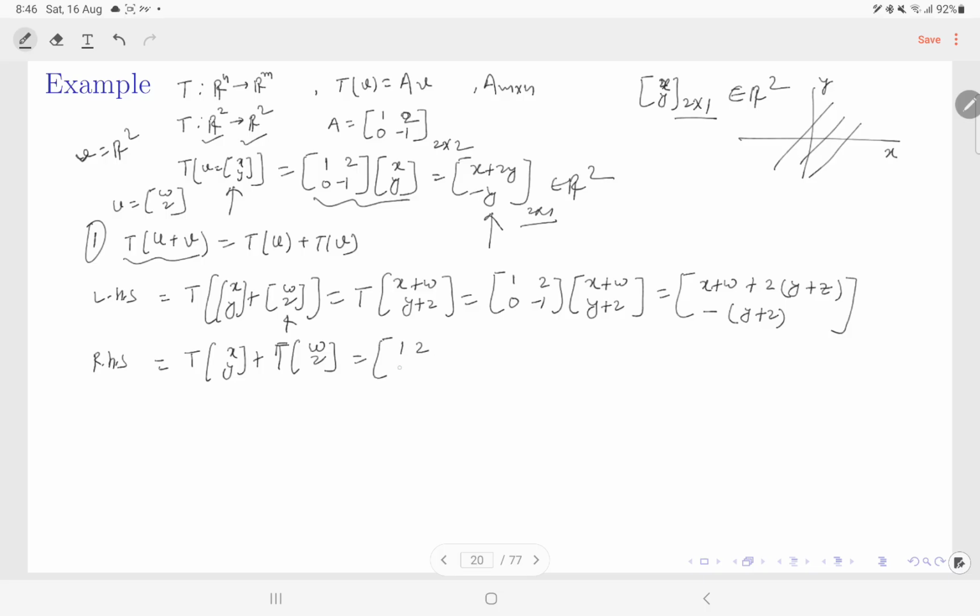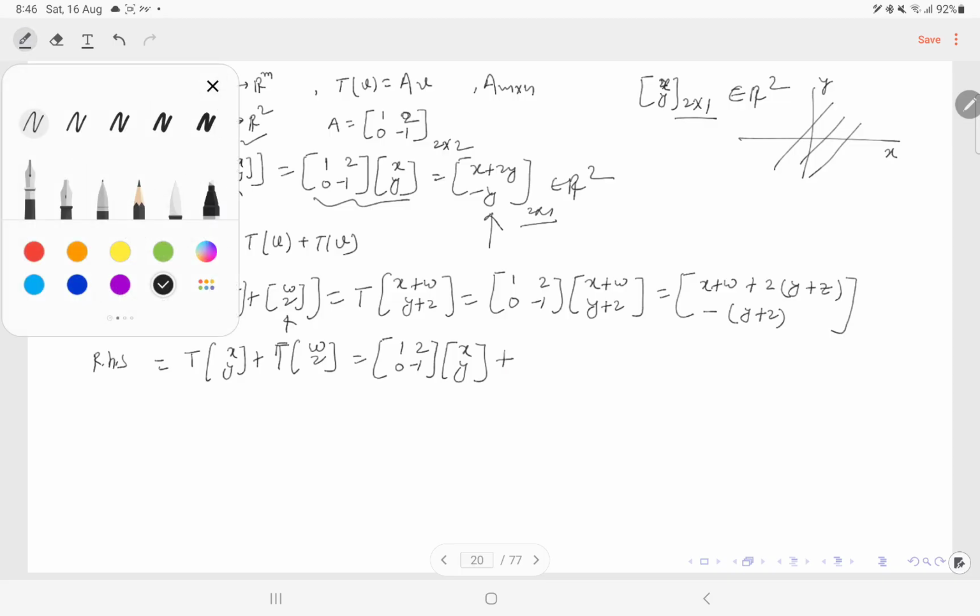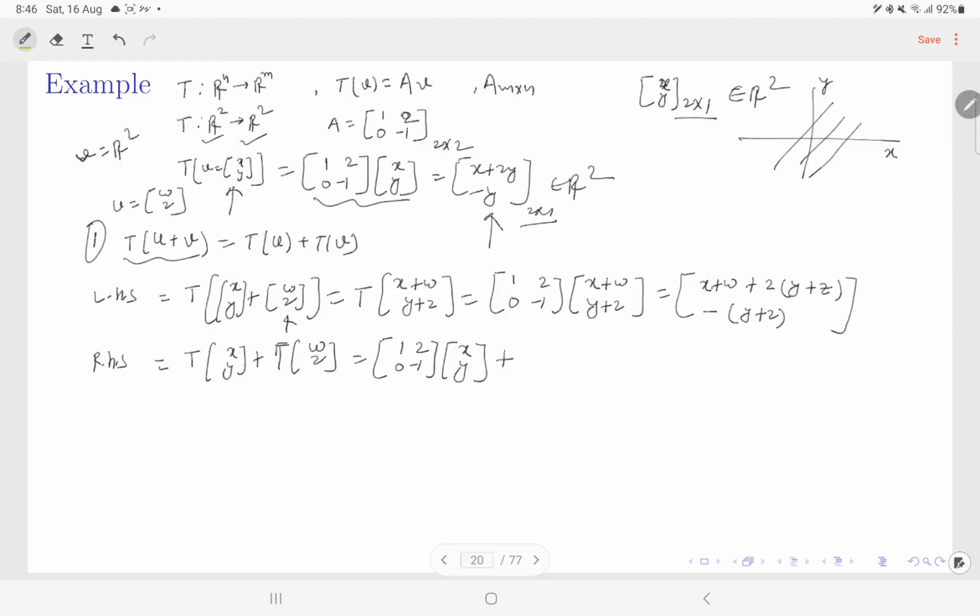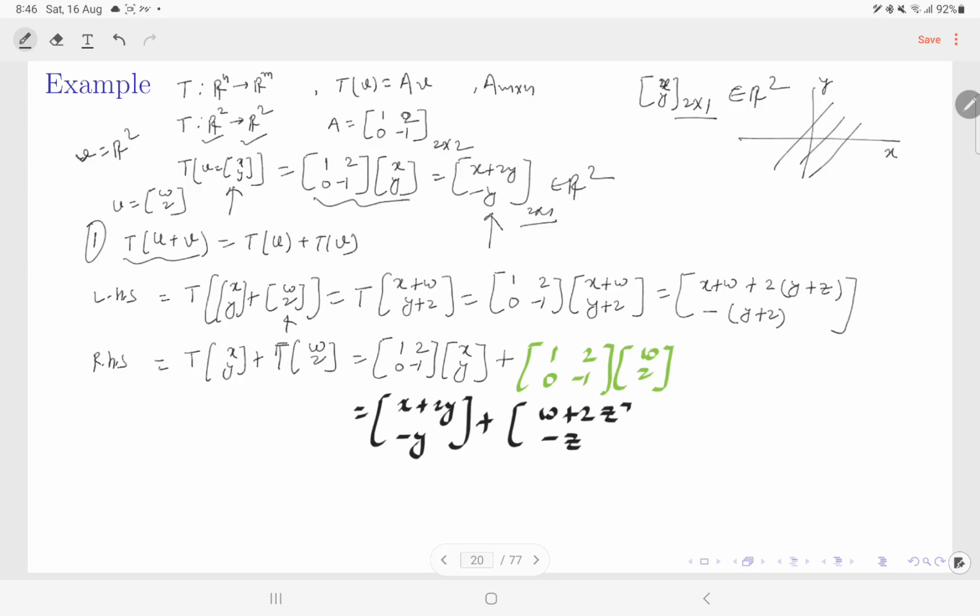Now what you can do: [1 2; 0 -1] times (x, y) plus [1 2; 0 -1] times (w, z). And this can be written as x plus 2y, and this is minus y, plus w plus 2z, minus z.